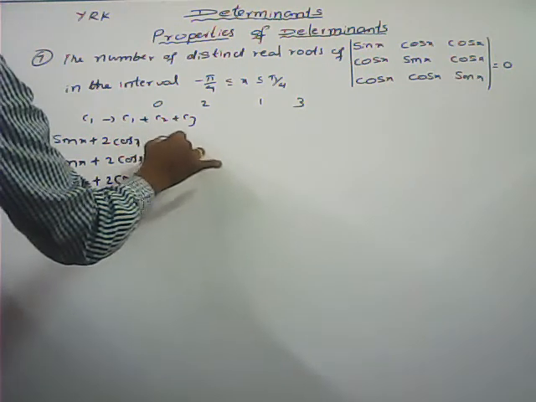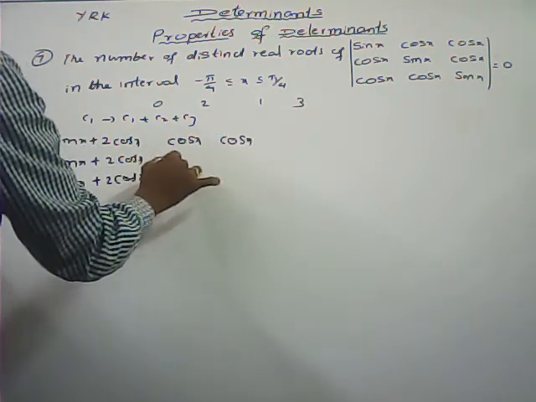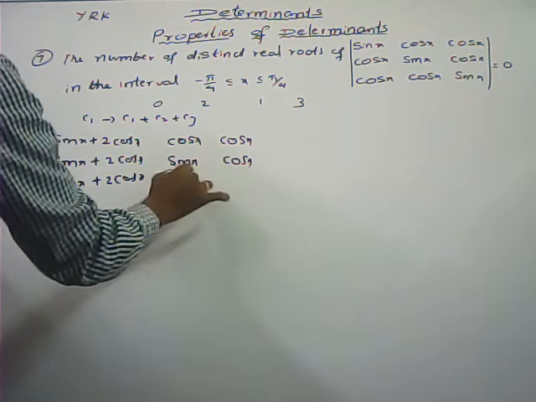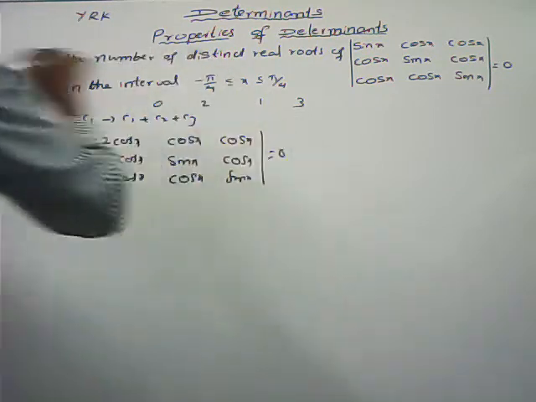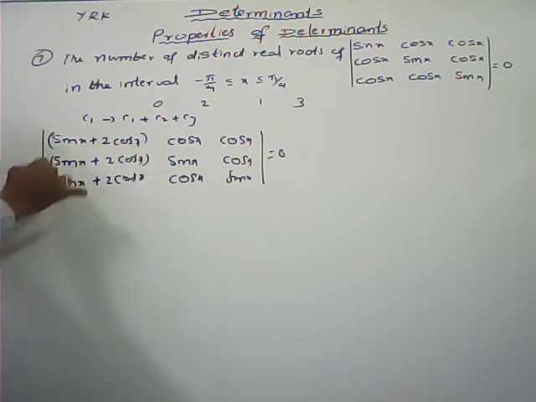Here cos x, cos x. Sin x, cos x. Cos x, sin x, that is equal to 0. And by observing every element in the first column, that is a multiple of sin x plus 2 cos x.